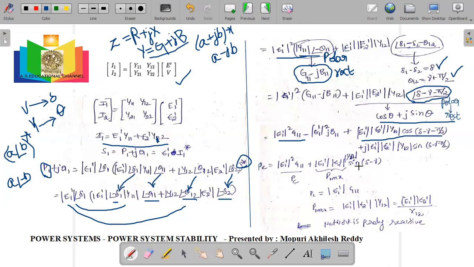Cos of theta minus pi by 2 can be written as sin theta. So this is actually cos of delta minus gamma minus pi by 2.